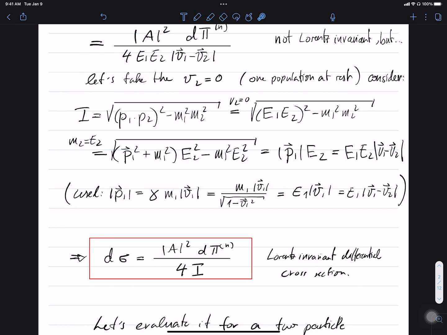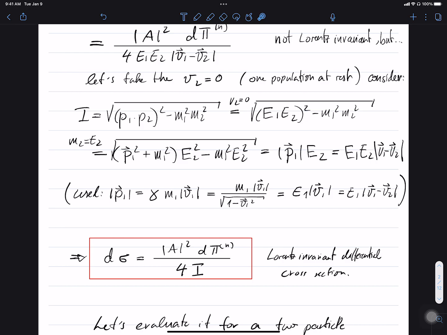So we have E2 up front, and then we subtract, this M1 squared minus M1 squared is cancelled, and we just have P1 squared, the free momentum, which is just, now under the square root, the absolute value of the free momentum times E2, and that's the same as the product of E1 times E2 times the difference of the velocities, where we have used this property of the momentum that it's equal to M1 times V1 times the gamma factor, the Lorentz boost factor, and this M1 times the gamma factor is just the energy.